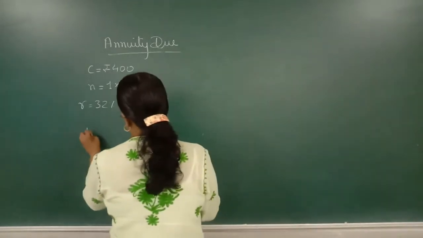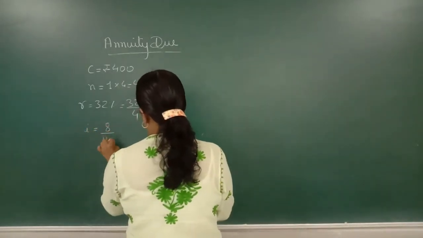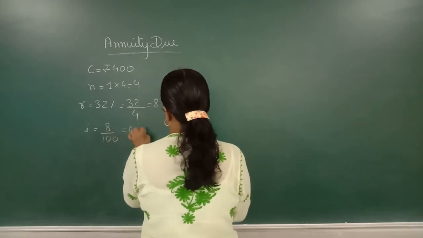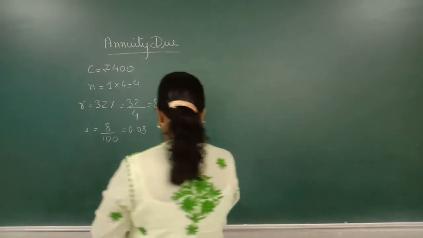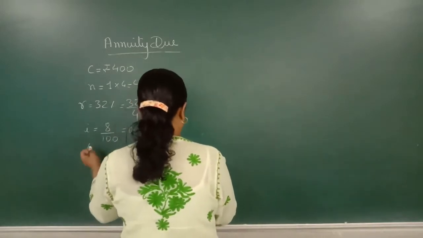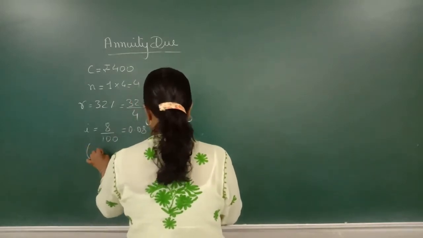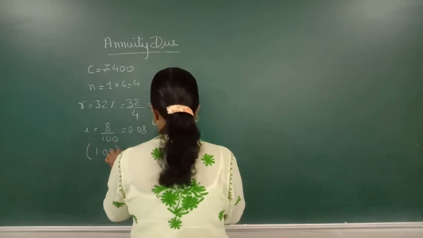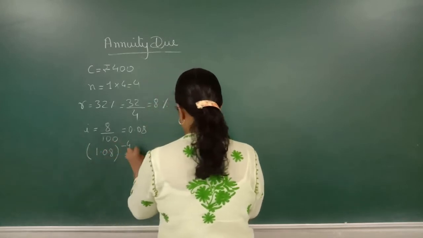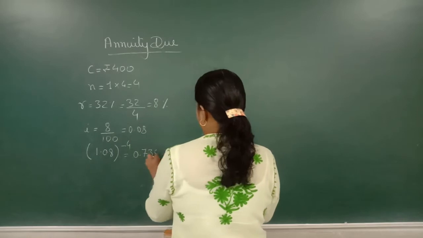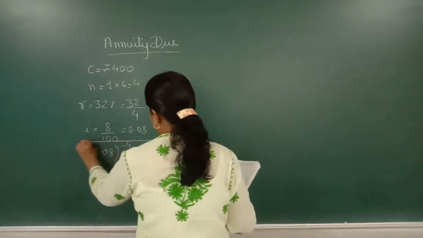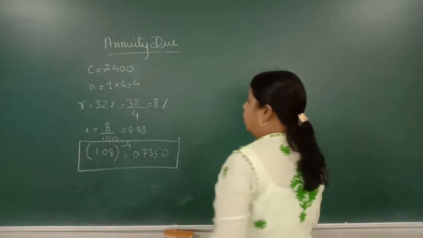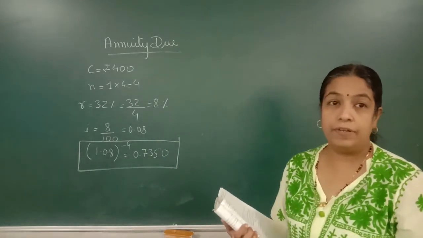So I will be equal to 8 upon 100, that is 0.08. And the value given will be 1.08 to the power minus 4 is equal to 0.735. This value is given. Now we will put the values in which formula?